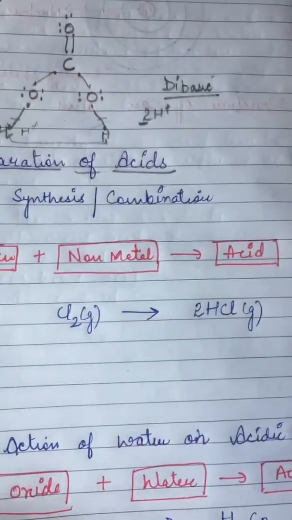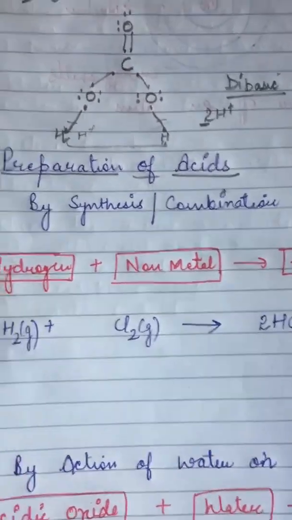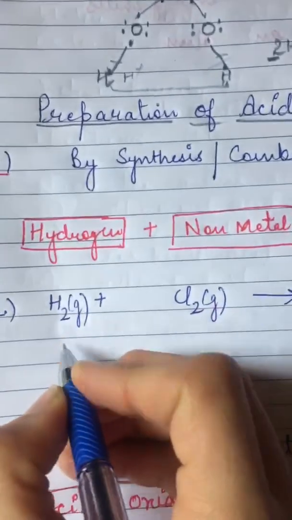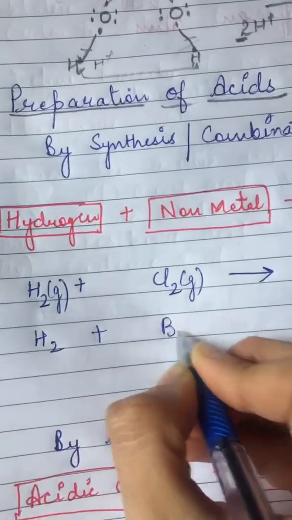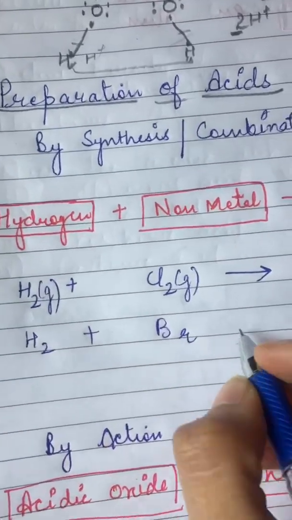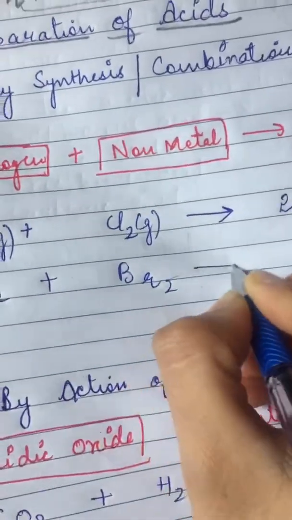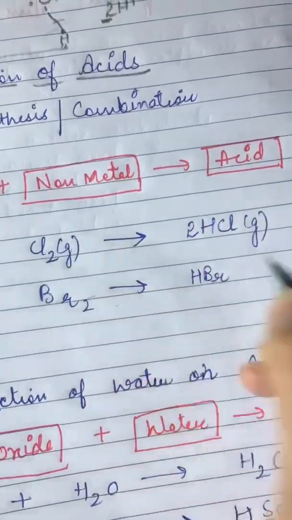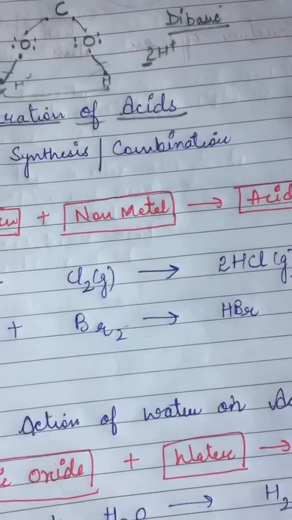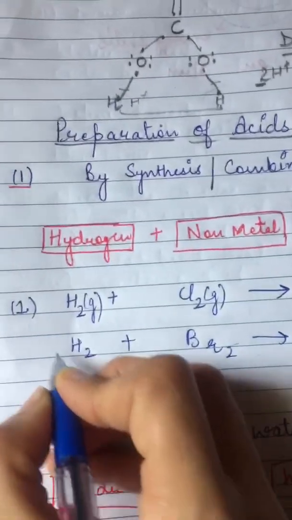Let's take one more example. H2 plus Br2, it will give hydrobromic acid, HBr. Understand? Another one.